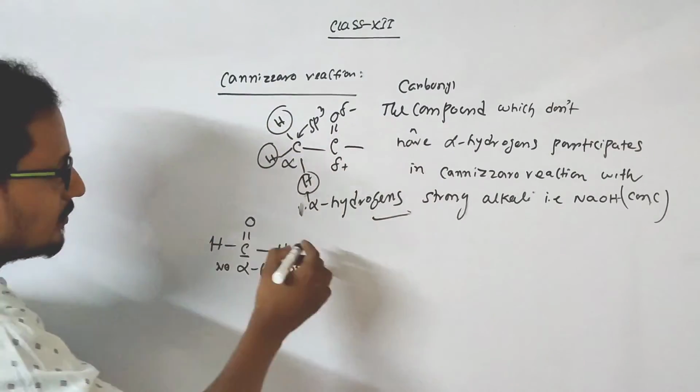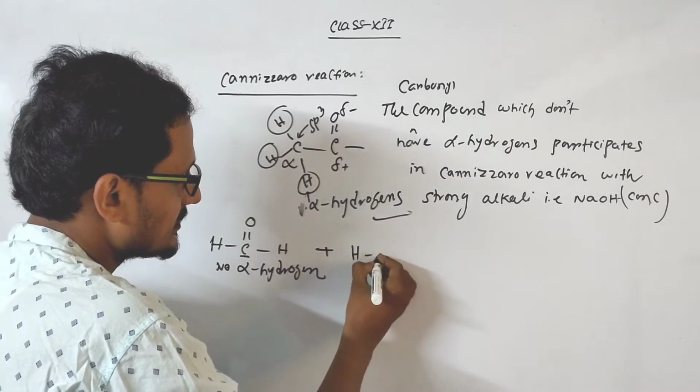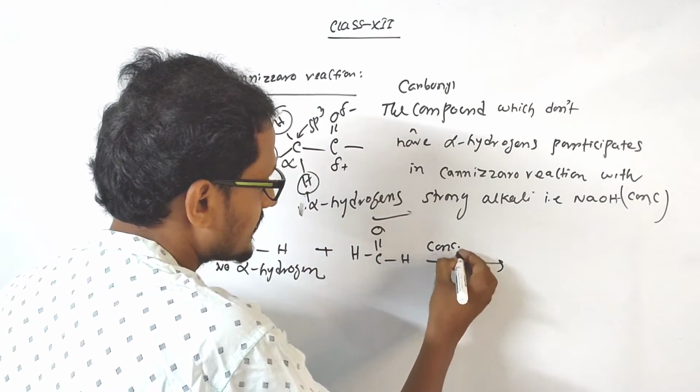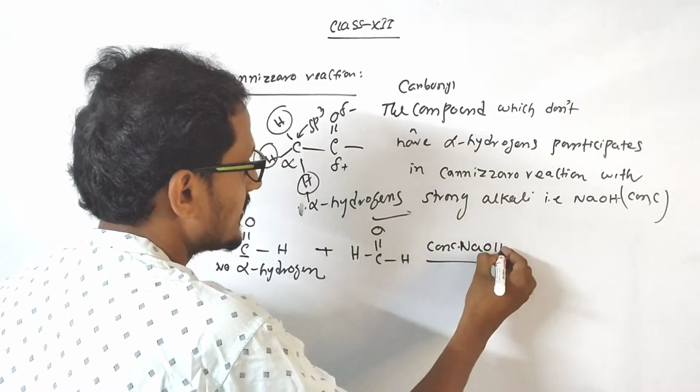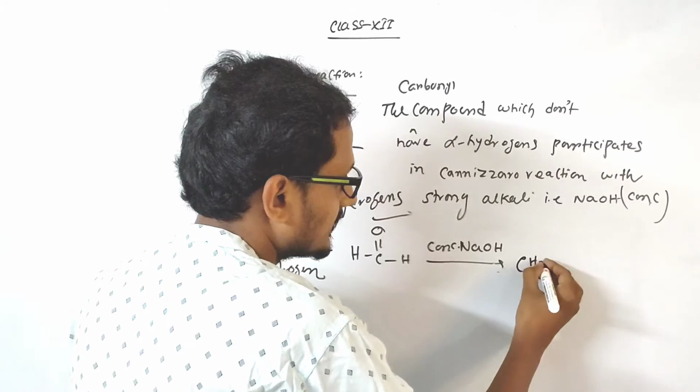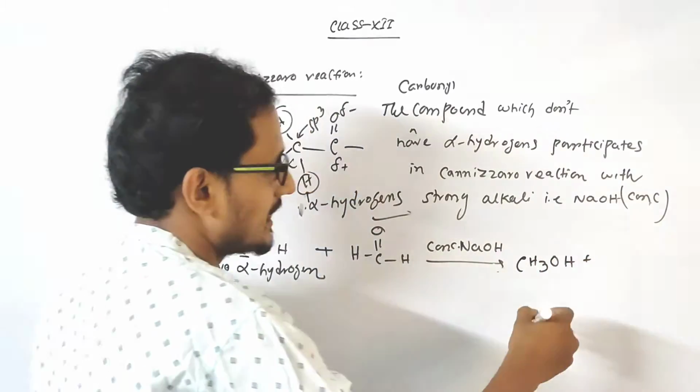Now if 2 moles of formaldehyde react with concentrated sodium hydroxide, it will form methanol plus sodium formate.